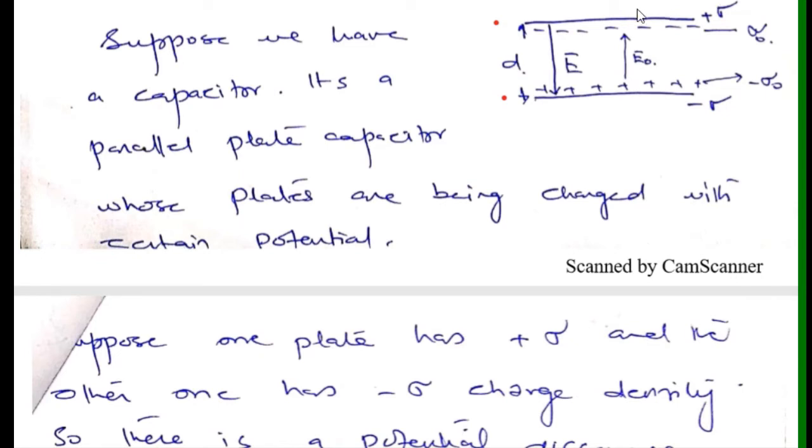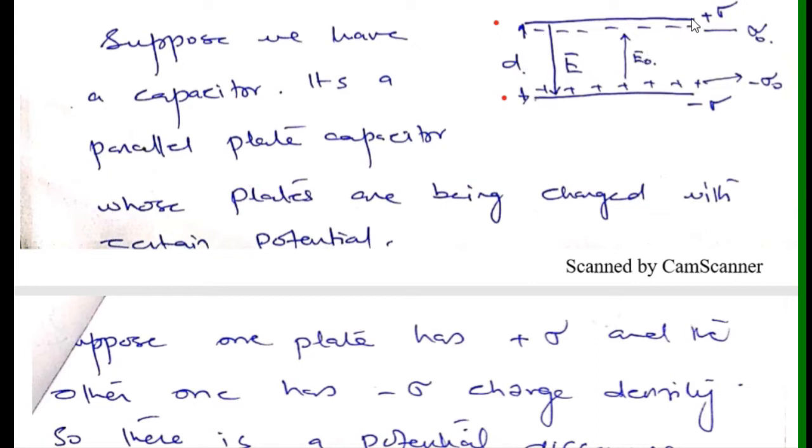So the charge density on the upper plate will be plus sigma, and the charge density on the lower plate will be minus sigma. And the distance between the plates will be d.